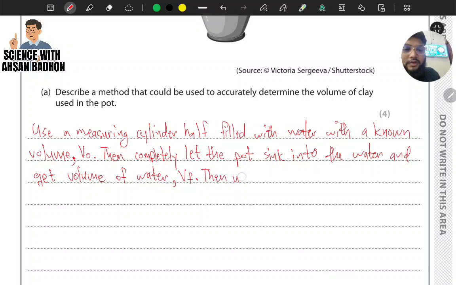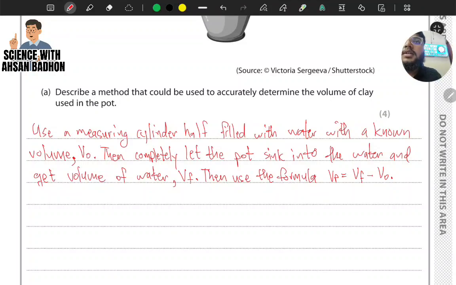Then use the formula: volume of the pot equals V final minus V initial. So we will subtract to get the change in volume, which is the volume of the pot.